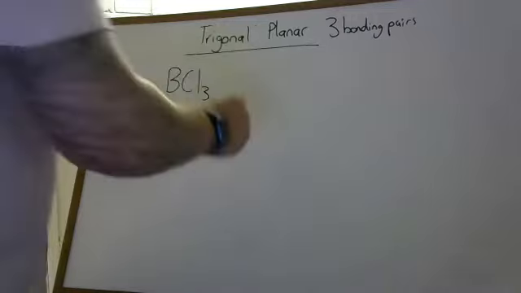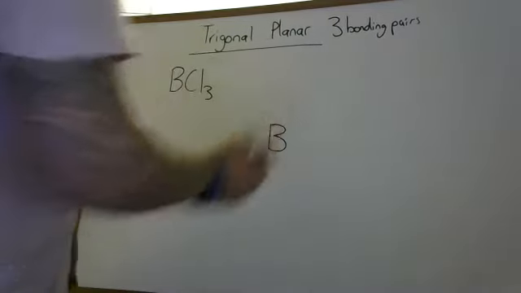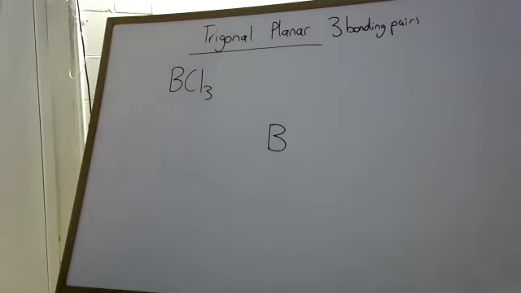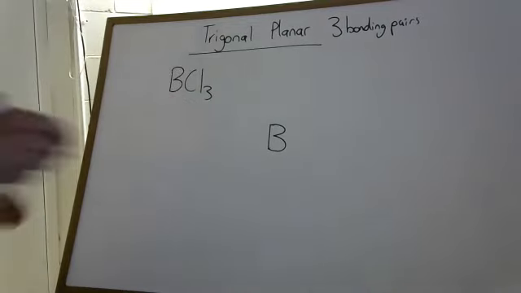So we stick boron in the middle. When you're doing this, if you haven't done any Lewis dot structures, and I think we might go through those later. Oh yeah, we do a little bit. The least electronegative atom goes in the middle.